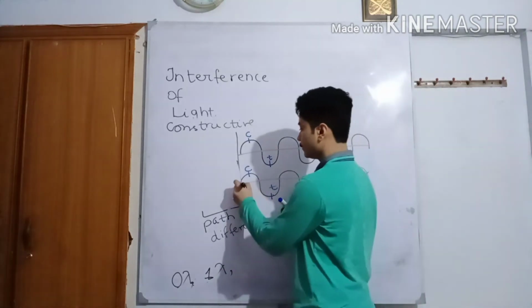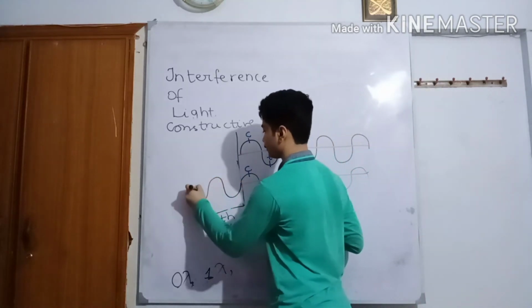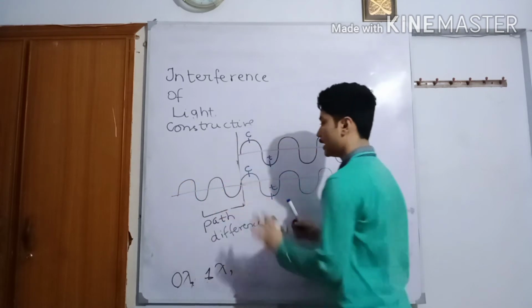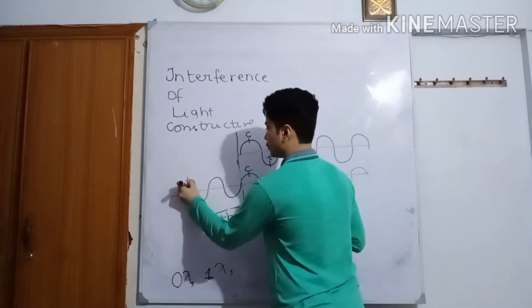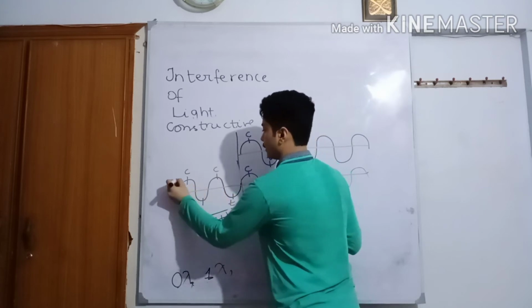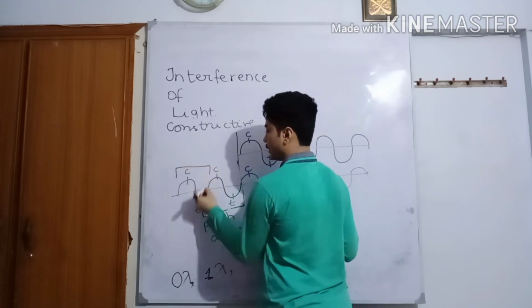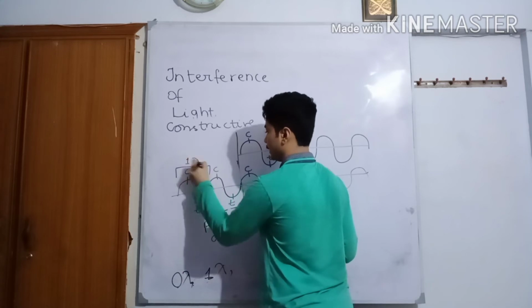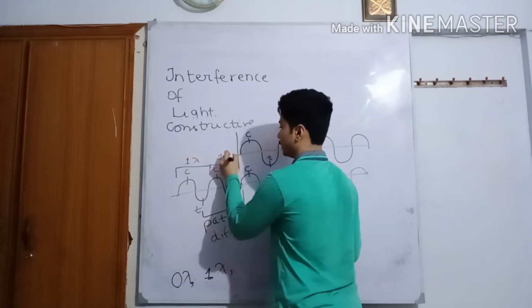Let's assume that this wave is starting from here. This is crest and trough. This is crest and trough. The distance between crest and trough is 1 lambda, and the same here, 1 lambda.